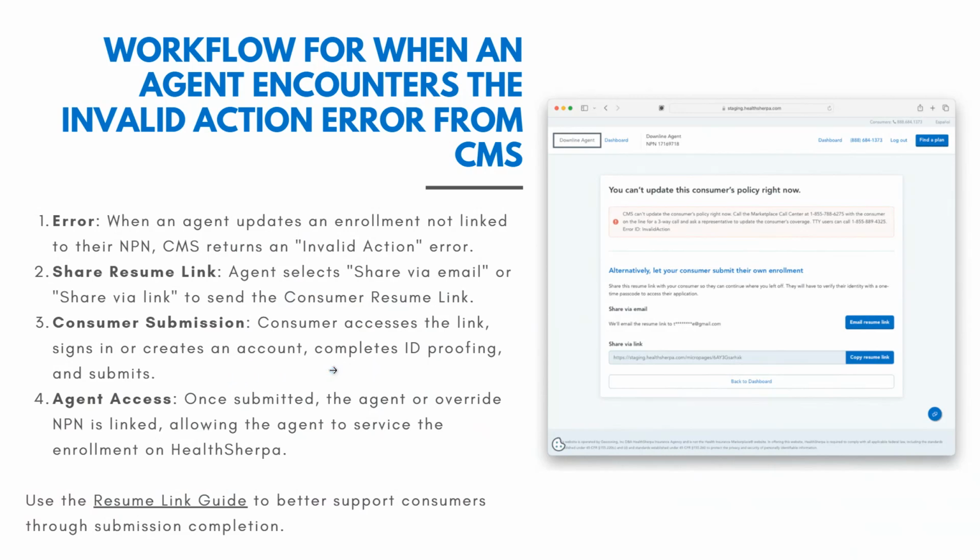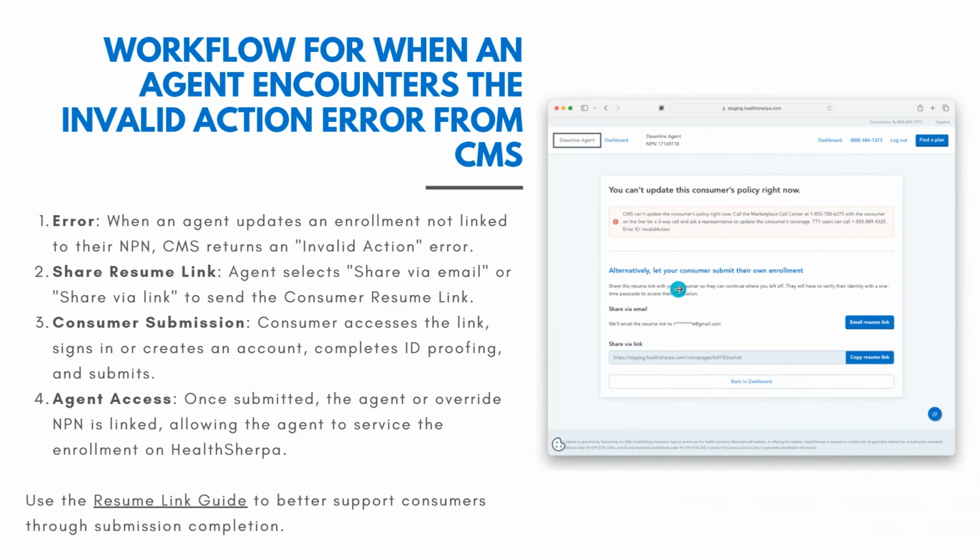They have to do ID proofing. I believe it's almost like when they do the credit check through one of the credit companies to prove that it's them, and then to give you access. So it is going to take a little bit longer. However, this is easier than doing the three-way call. So this is something that is going to be available now.